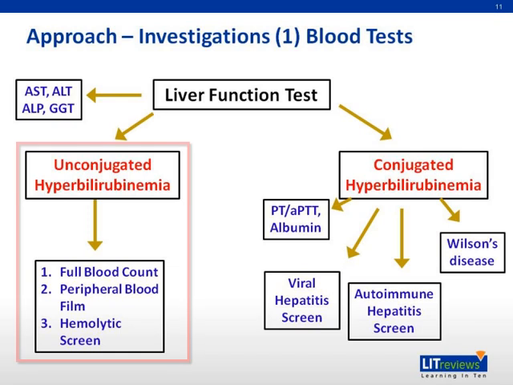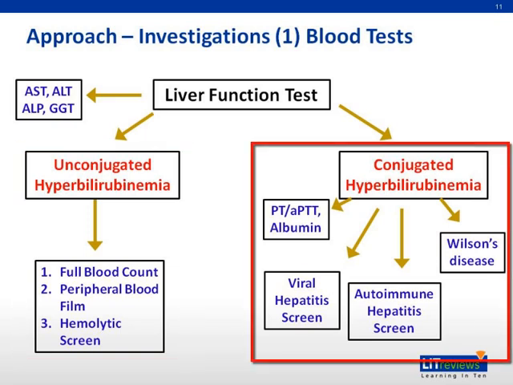If it is predominantly unconjugated, we can proceed to investigate for hemolysis or ineffective erythropoiesis. In conjugated hyperbilirubinemia, the severity and chronicity can be demonstrated by a high PT, APTT, and low albumin level. Lastly, based on the likely differentials obtained from the history and physical exam, a screen for viral hepatitis, autoimmune hepatitis, or Wilson's disease can be done.